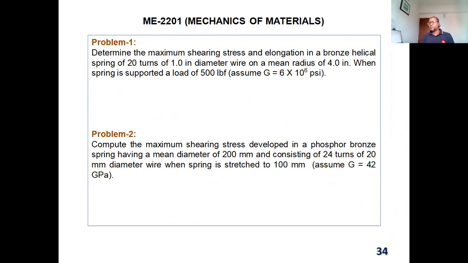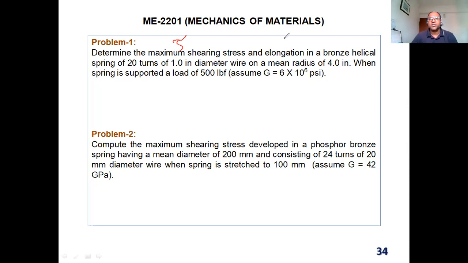In problem 1, it's to determine the maximum shear stress. That means we need to figure out the value of tau, and the elongation, how much its length changes.